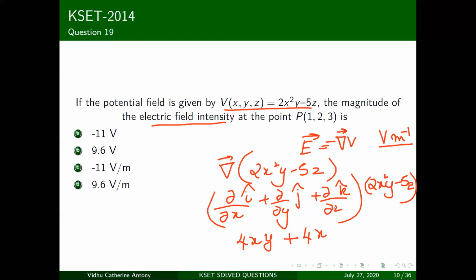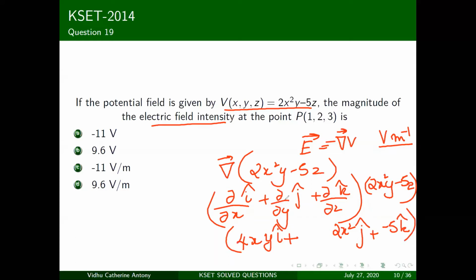So this is basically 2x squared. You do not do anything to the x term, and you get a 2x squared j cap. This has to be an i cap, so let me just remove that. And then you end up getting something for z, so that's minus 5z, so I put minus 5k cap.